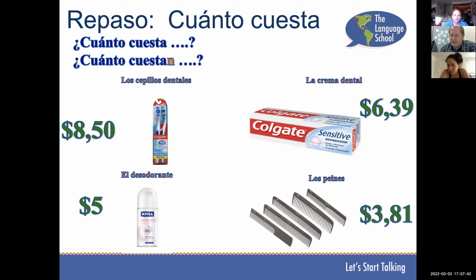$3.39. So we say it's $3, and then do we say y, like and? Really, you should say con. In Spanish, they say con 39 centavos. Okay. ¿Cuánto cuestan los peines?